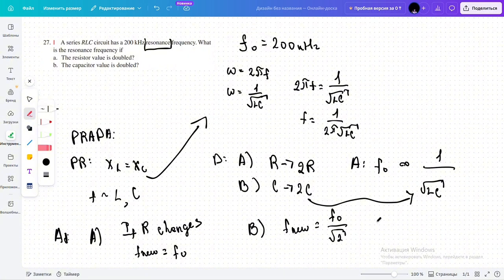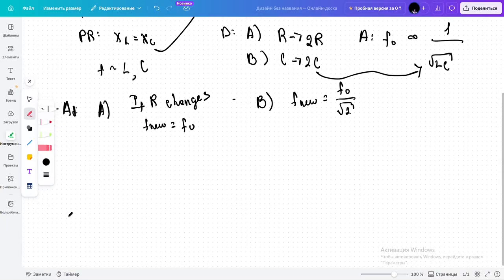So let me go to the calculation part. In case A, since the resistor is not in the formula, the frequency remains the same, so our new frequency will be equal to the initial frequency, which is 200 kilohertz, which means it stays the same.